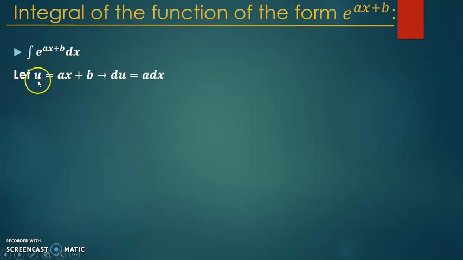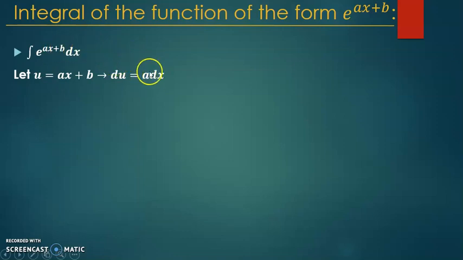In order to see if this works, we need to see if this can be rewritten in terms of u and du. So this will be e power u, because this is the substitution u. And what's left is only dx. So we look back at du and see if we can rewrite it in terms of du.